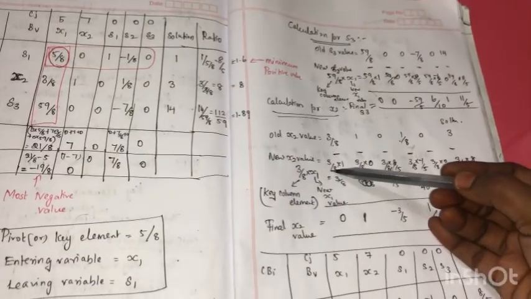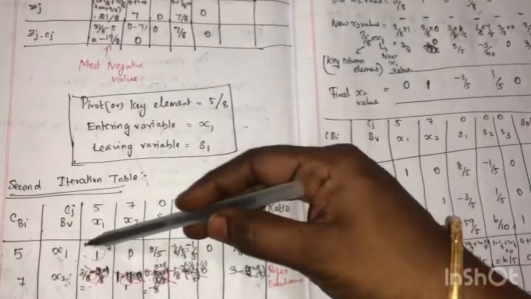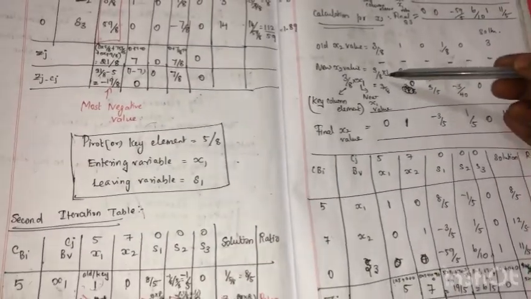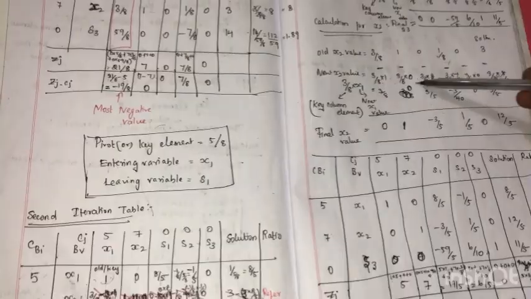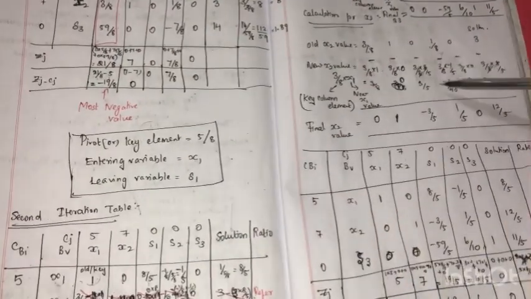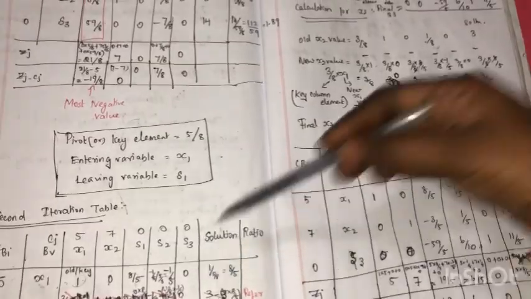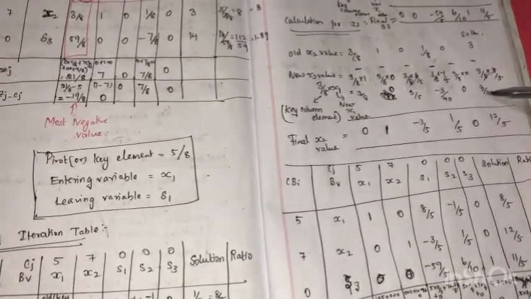So here our key column element is 3 by 8 into the x1 value. We have found the new x1 value, which is 1, 0, 8 by 5, minus 1 by 5, 0, 8 by 5. So 3 by 8 into each of these values, and we get some values.